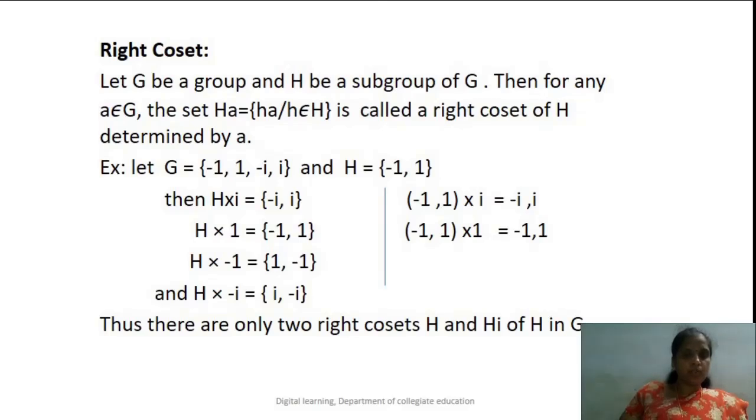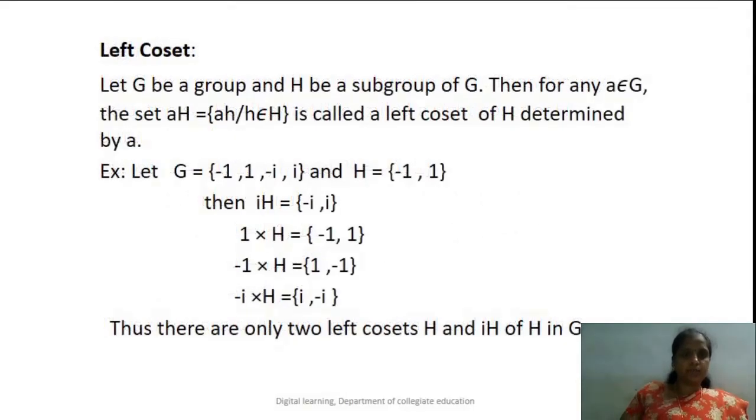So in H into i and H into 1, we got these two disjoint sets. But H into -1 gives 1 and -1, while we want -1 and 1, and H into -i gives -i and i in a different order, so we can't take these. Therefore, these are the only two right cosets, H and Hi, of H in G.